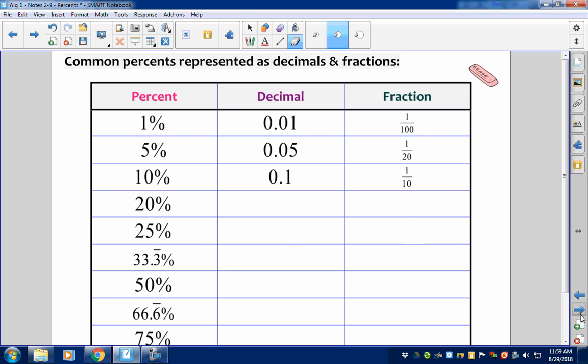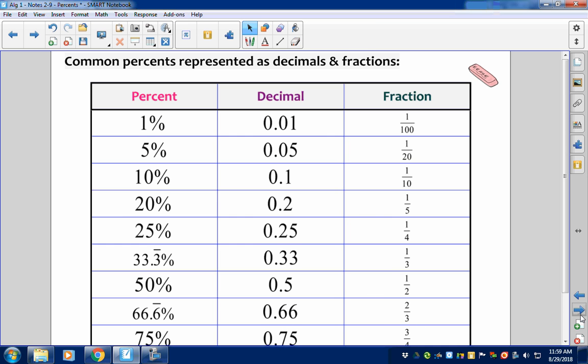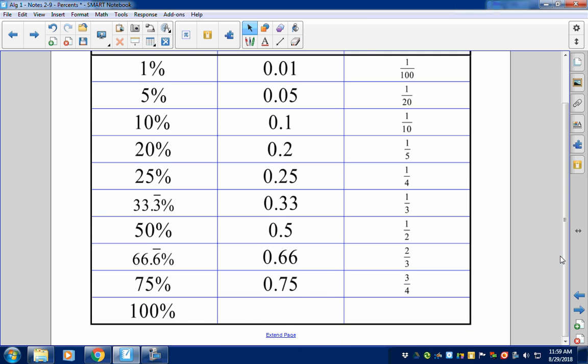It's 0.1, not 0.01, or 1/10. Make sure you have those top three. I think those are the three that didn't copy as well. And then the rest of the table, you have it all filled out there on your notes. So these are some common percents all the way down to 100%, which is equivalent to the fraction 1.